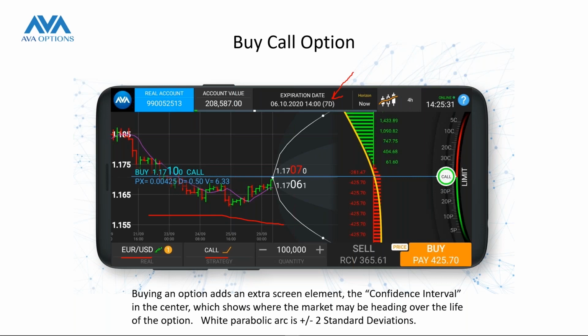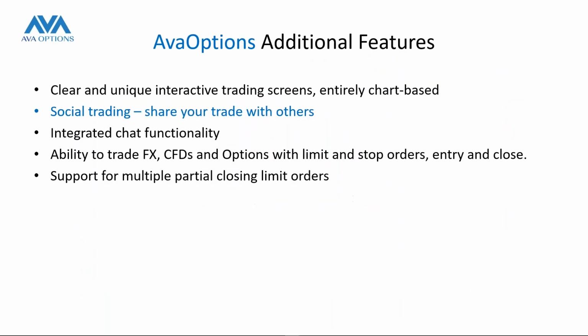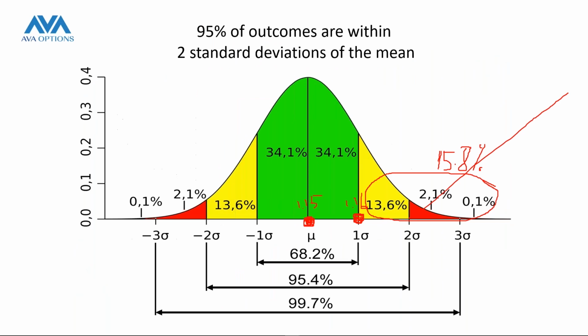Then in the white arc, we're showing 2 standard deviations of movement for 7 days. So we're showing where the market might be. What's a reasonable range to expect the market to be in at expiration 7 days from now? So we're framing the risk. And we're saying that there is a, what was our number? 95%? I always forget this, bear with me. There we go.